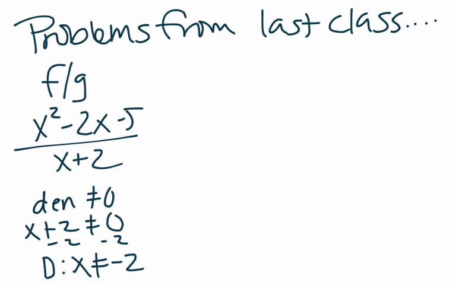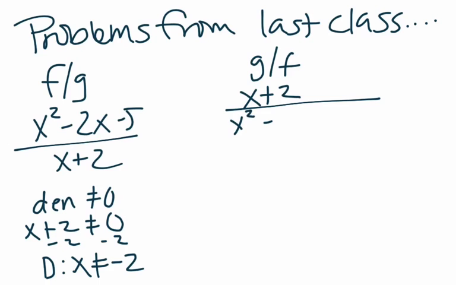The other problem was g over f, and that one was x plus 2 over x squared minus 2x minus 15. Now, you'd ask yourself the question, is the function a fraction? Yes, it is. This one is trickier, but math is good. Math is consistent. The rules for math don't change.